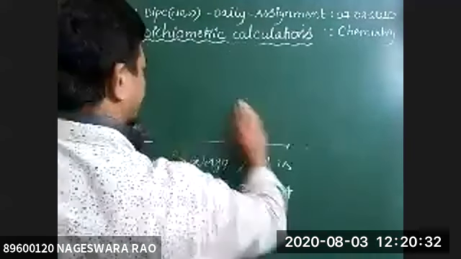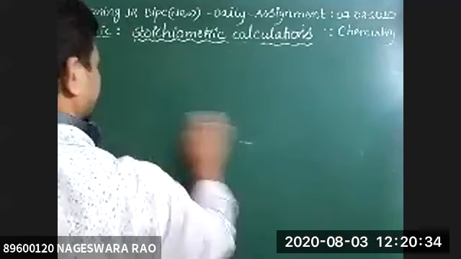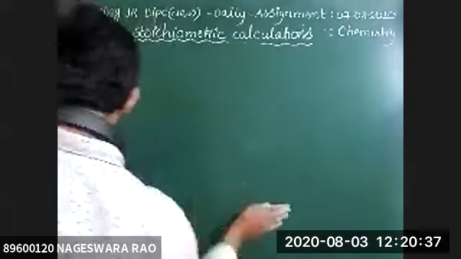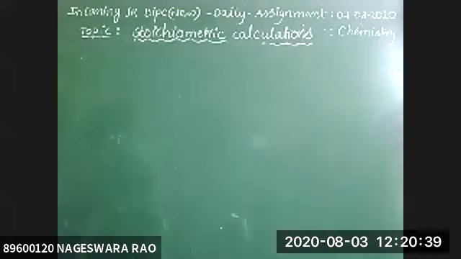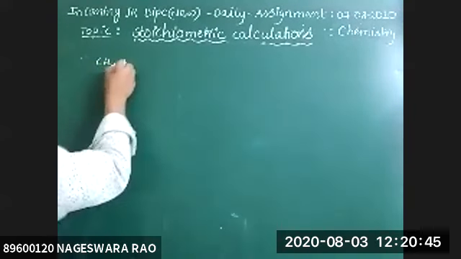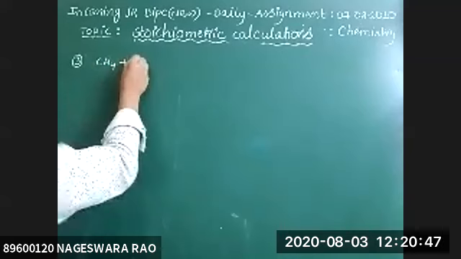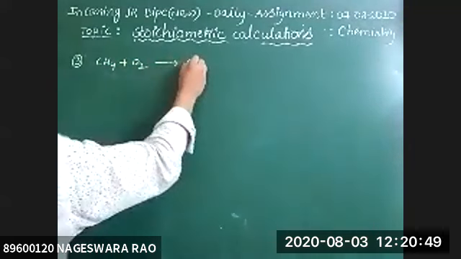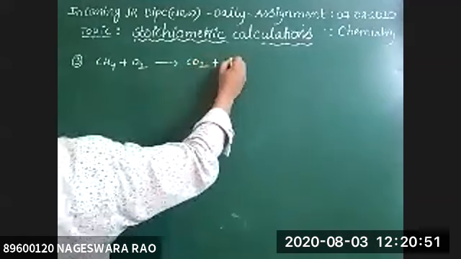Question number 3. Methane reacts with oxygen. What is the formula of methane, students? CH4 reacts with oxygen to form CO2 plus H2O.